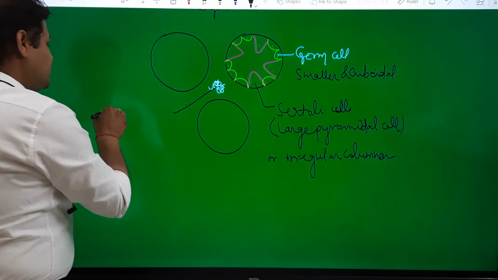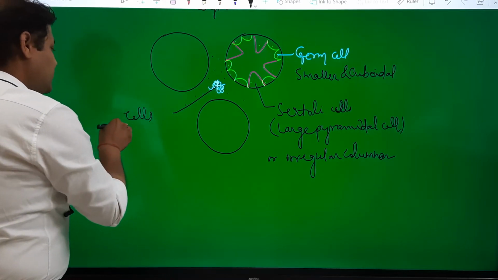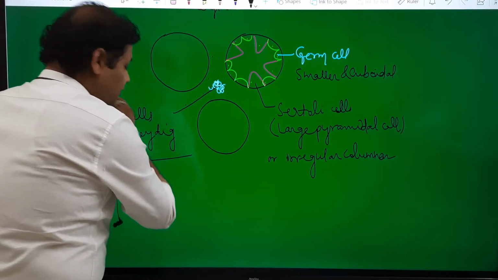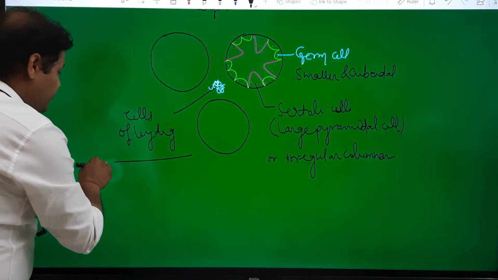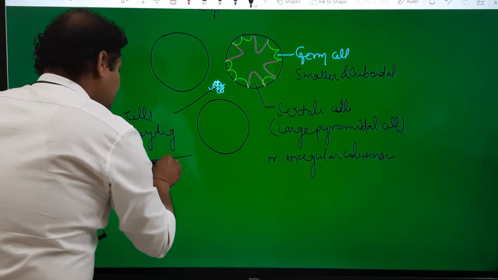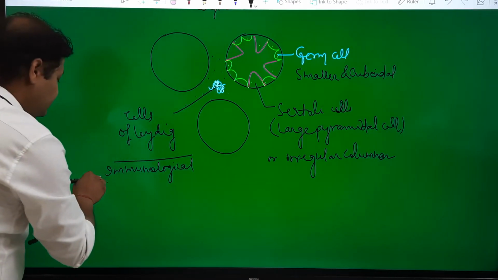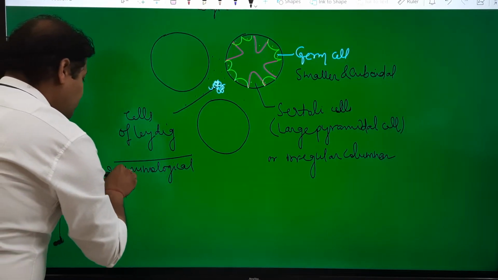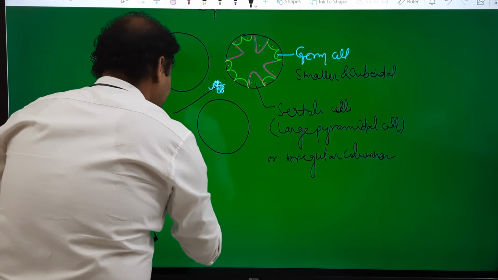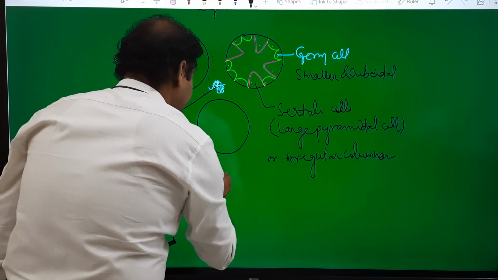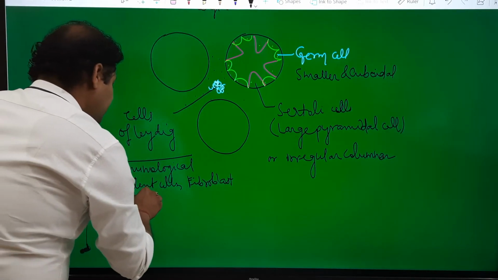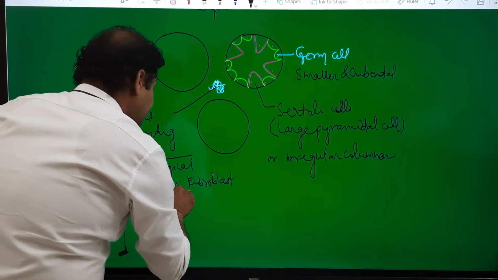In this space, Leydig cells are present, but other substances are also present: immunologically competent cells and fibroblasts are also present in this interstitial space.